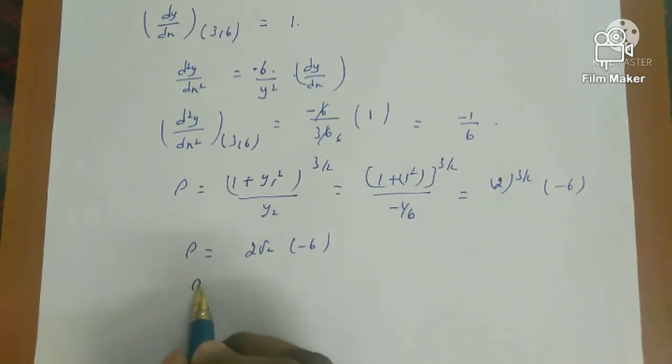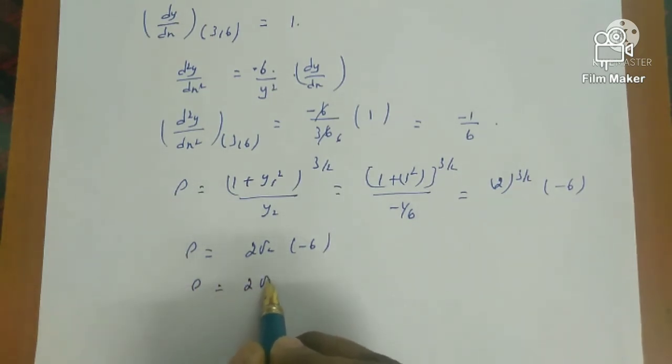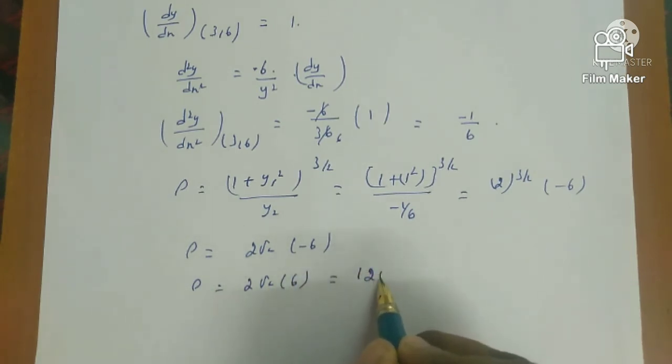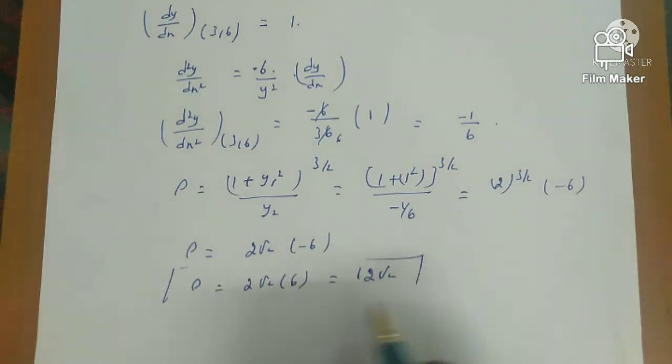Rho is always a positive quantity. So 2 root 2 into 6, that is 12 root 2. Our rho answer is 12 root 2.